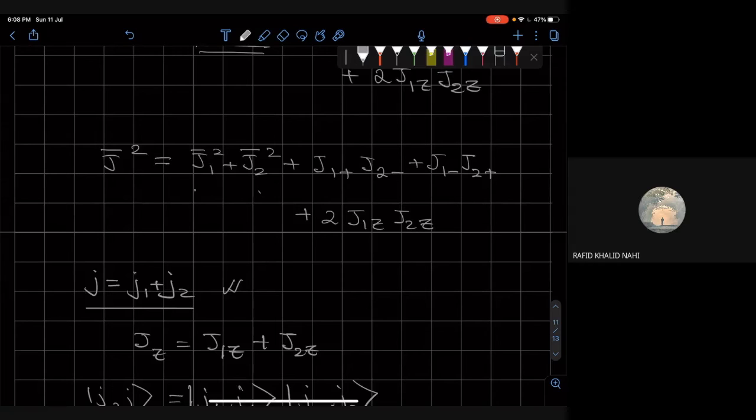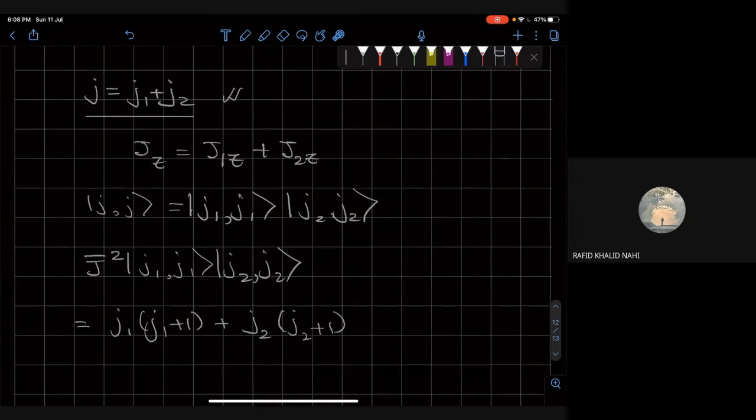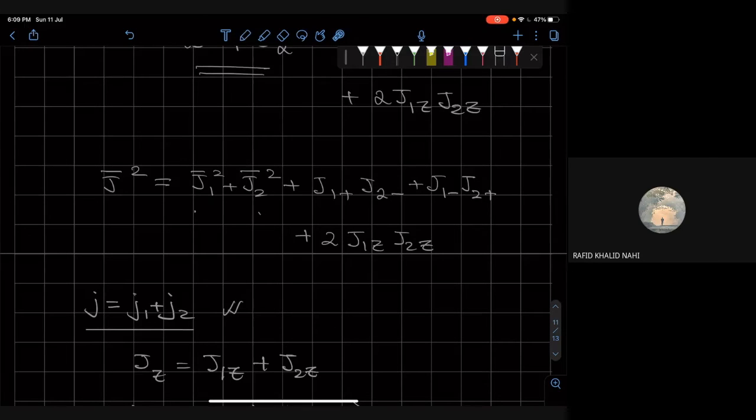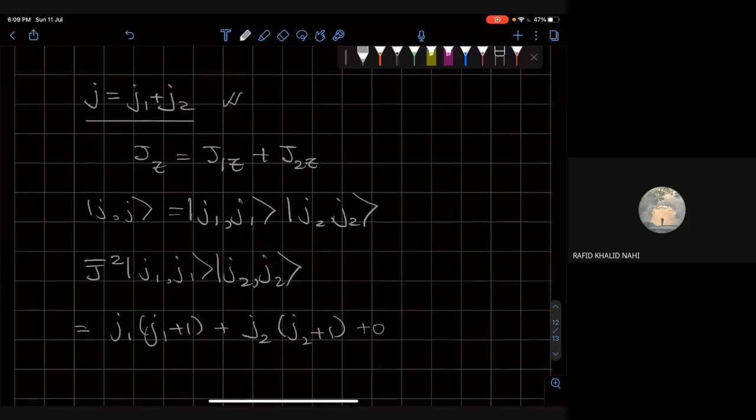And then I have a raising operator of J1. But see here, J1 is already in the maximally, the highest weight state, right? So if I raise it any more, it's going to give me 0. So I'm going to get a 0 from there. And similarly, this thing has a J2 plus, and that is also going to give me a 0.